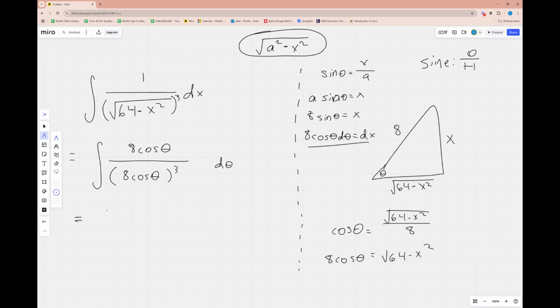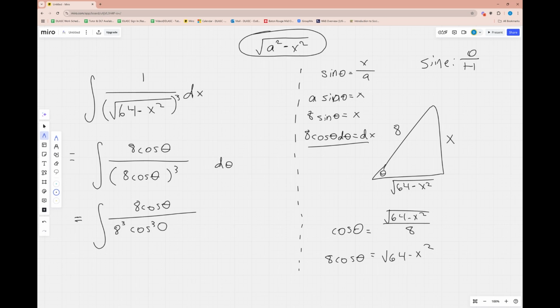Right? Okay, so let's just go ahead and start breaking it down. I'm going to go ahead and pull my constant out. Or actually, you know what? We'll just leave it in for now. But what I am going to do is I'm going to go ahead and cube my denominator. And I don't really care what this number is because I have an 8 in the numerator. You'll see what's going to happen.